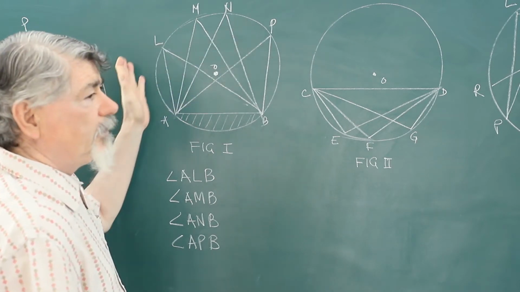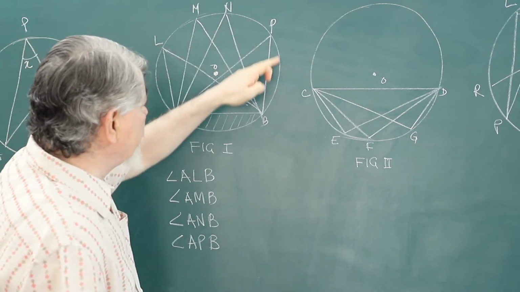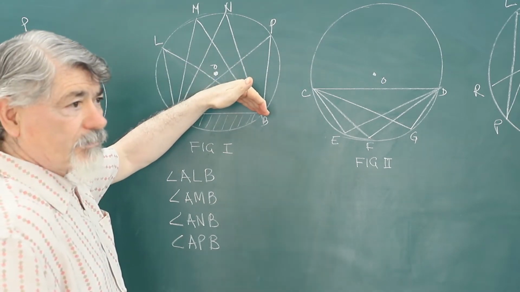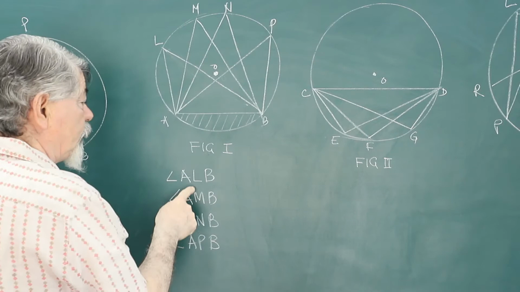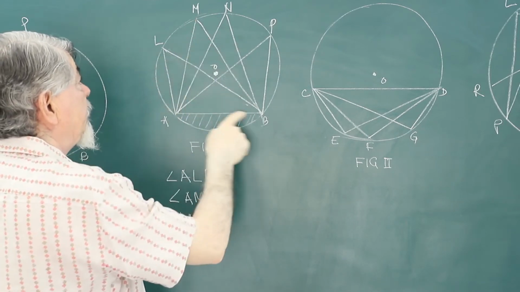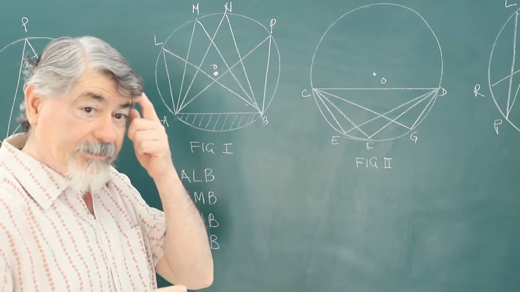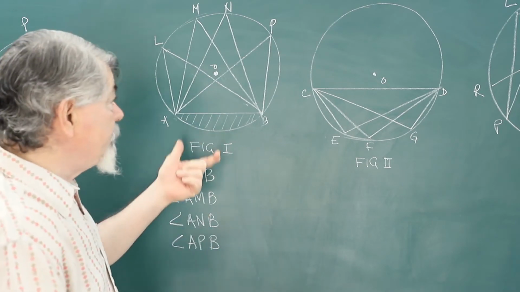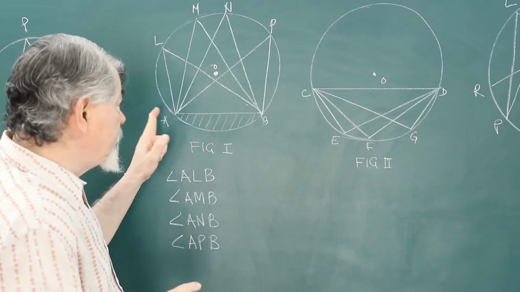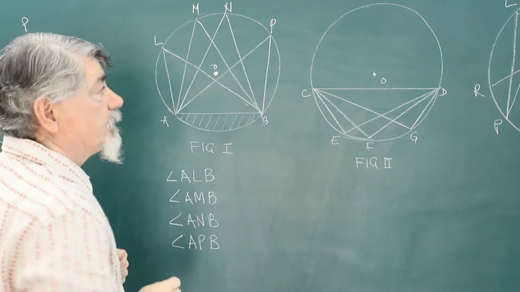An infinite number of points can be there from point A coming to point B. So any number of triangles which will be formed, the vertical angles like ALB, AMB, APB, are angles in the same segment. For the same segment, you have to have the same base. The base must be the same for all these triangles.